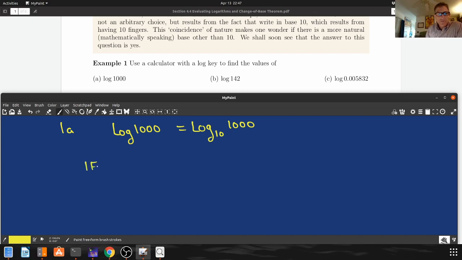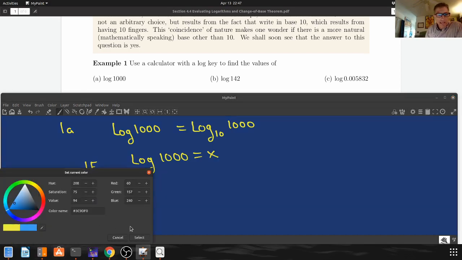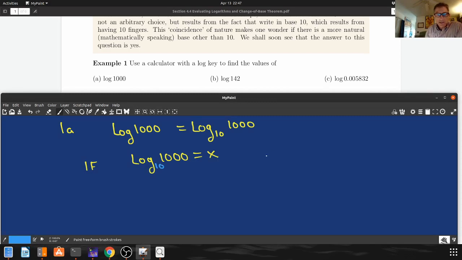So if log of 1000 is equal to x, recalling that the unwritten base is 10, that implies 10 to the x is equal to 1000. And as soon as we write 1000 as 10 to the third, we can use our properties of solving exponential equations to declare that x is equal to 3.